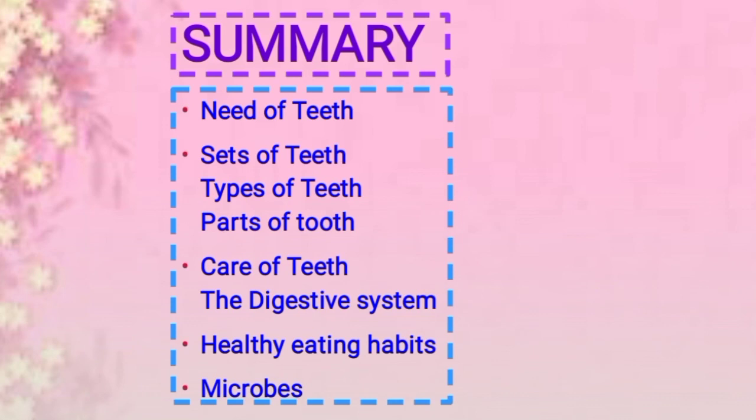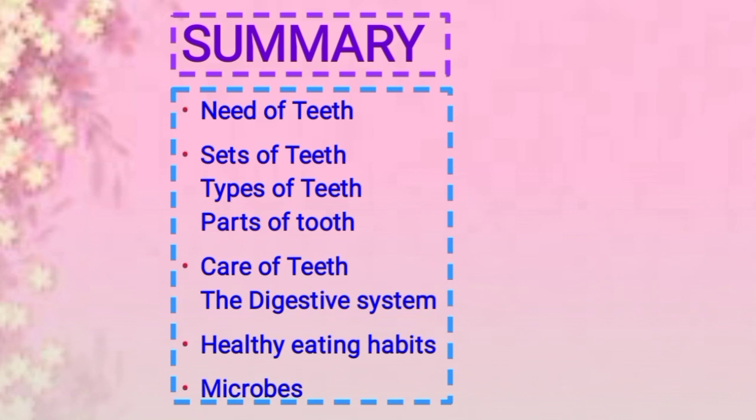When the child is about 6 years old, milk teeth start falling out one by one slowly, and new ones which are bigger in size take their place. This set of new teeth is called permanent teeth, and there are usually 32 teeth in the permanent set.